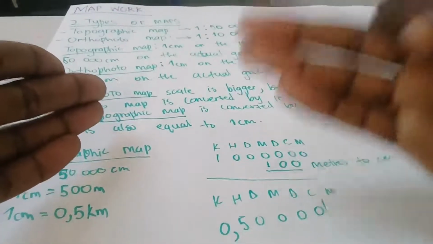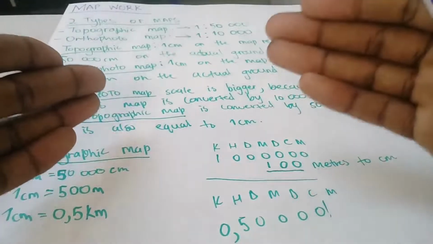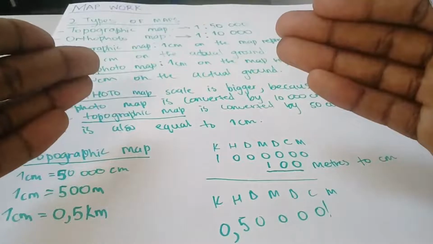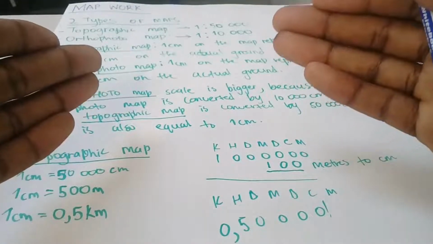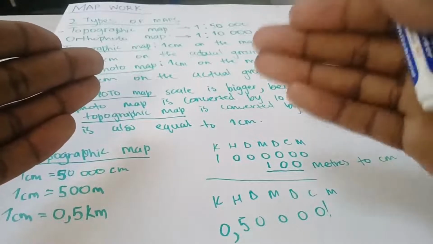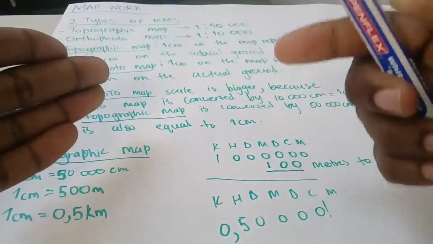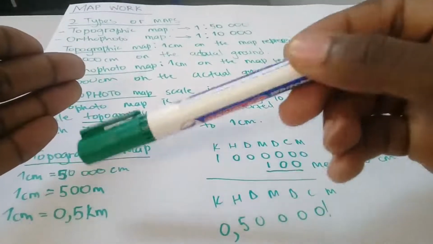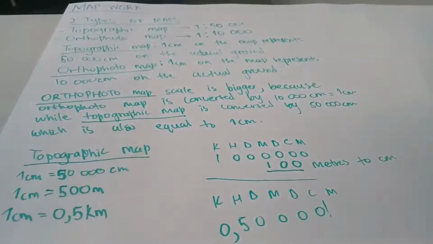They say that your answer must be in kilometers, as always, when you are calculating the actual distance. So you are going to multiply with 0.5 kilometers.